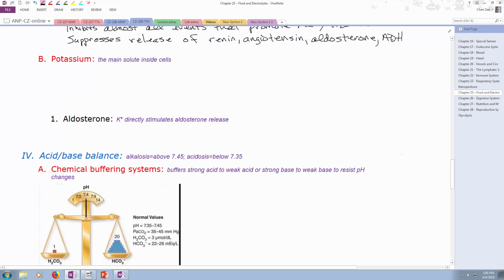Again, potassium is our main solute inside of our cells, and its level is really controlled by the kidneys. If we have an excess of potassium in our extracellular fluid, this will cause aldosterone release.